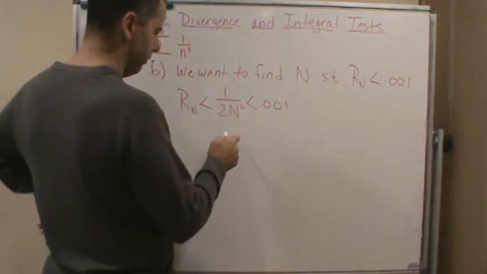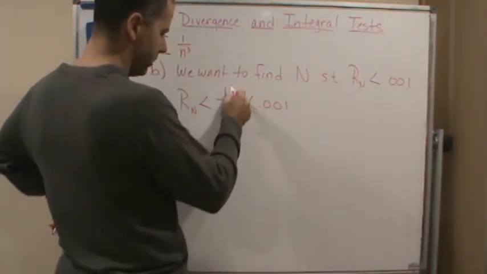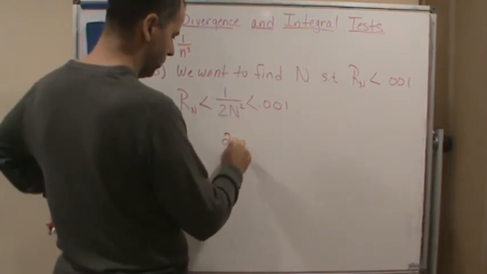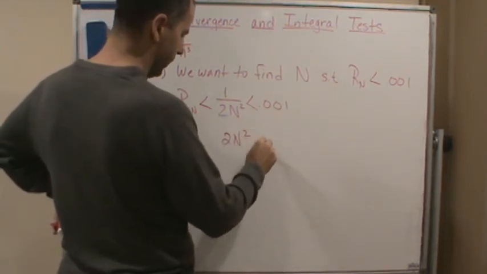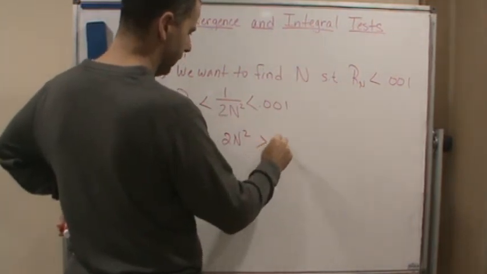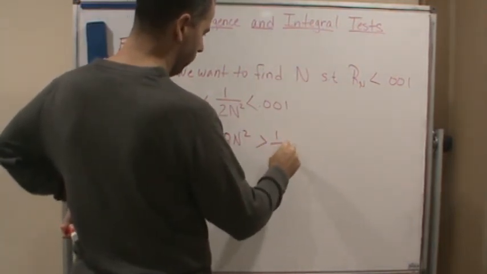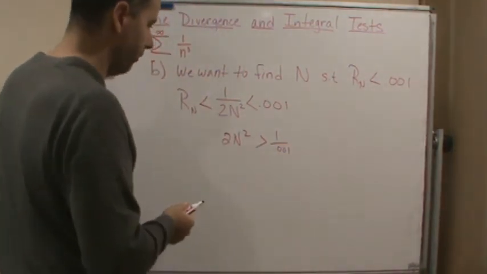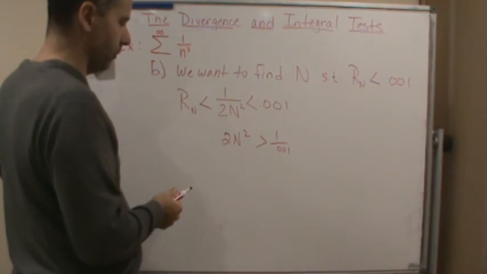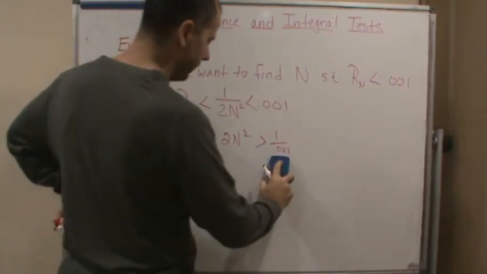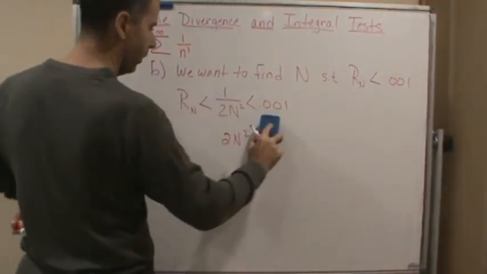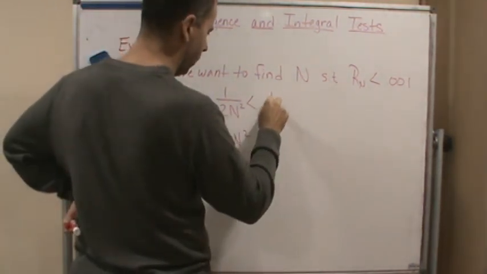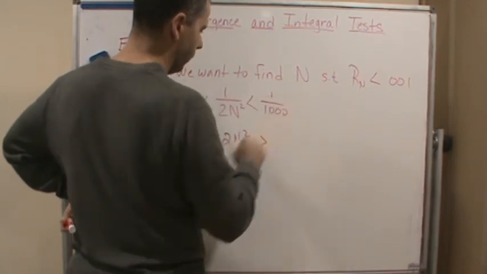So now all we do is take the reciprocal of both sides. So that means 2N squared is greater than 1 over 0.001. Which, if we want to rewrite this, 0.001 is 1 over 1,000, right?